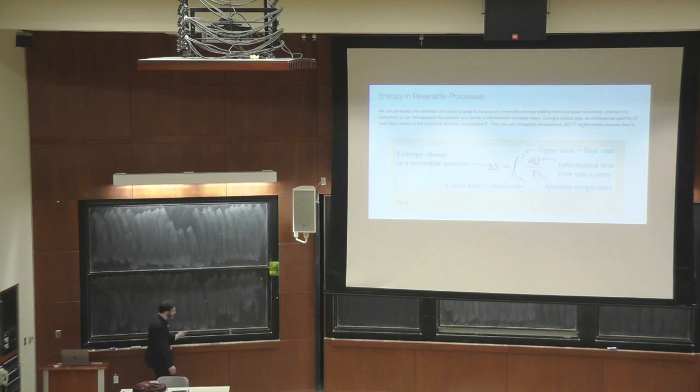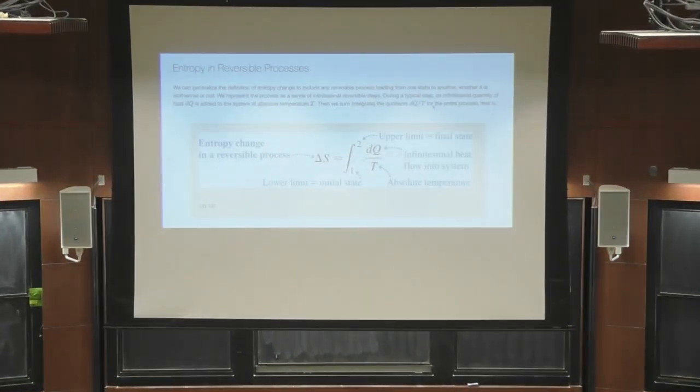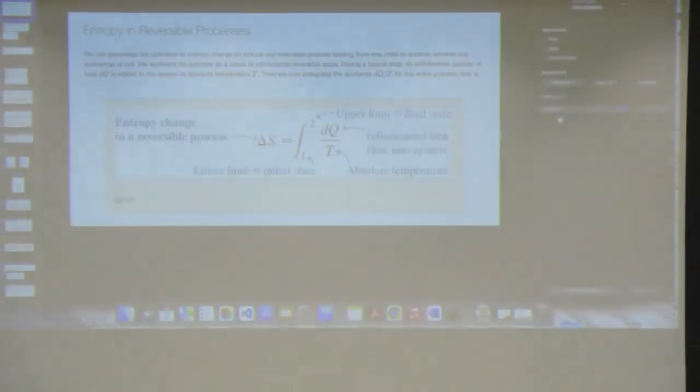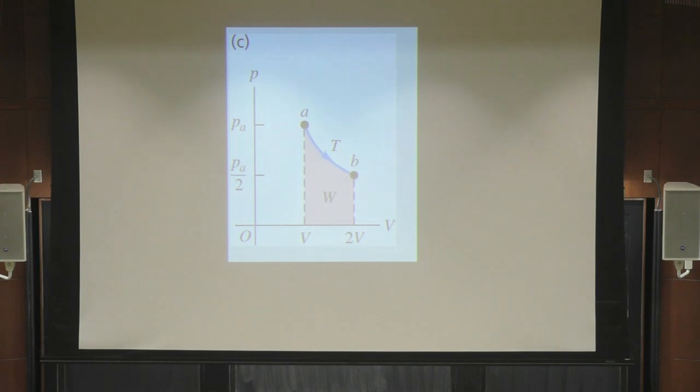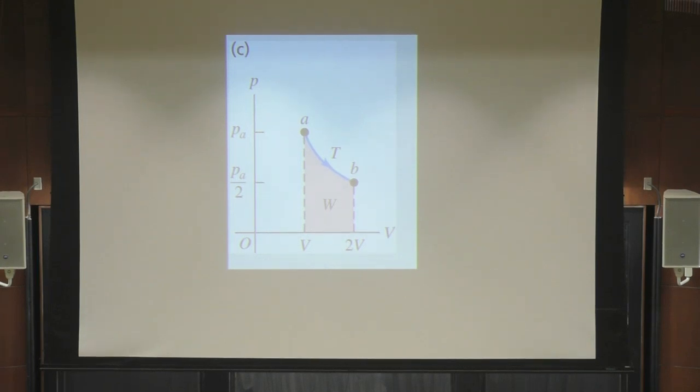What's the difference between reversible and irreversible processes here? Let me show you. They don't really show this in the book, because I don't know if the people who wrote this book even understood this completely. It's one thing to say, okay, this process here is reversible.